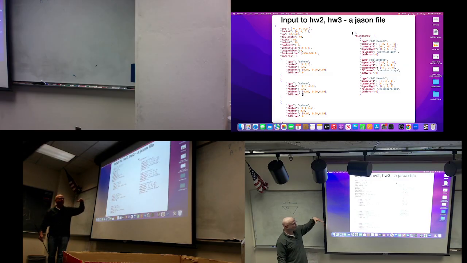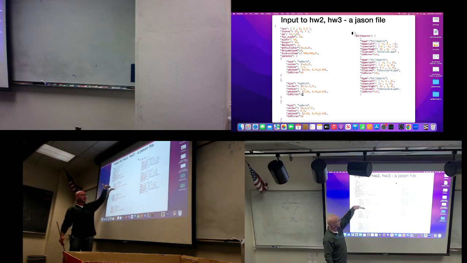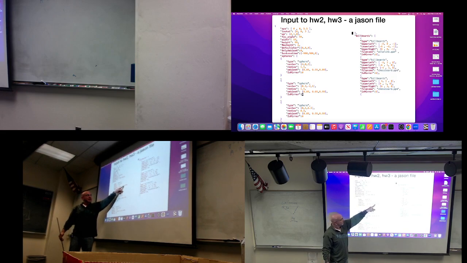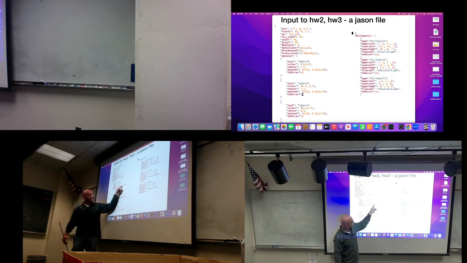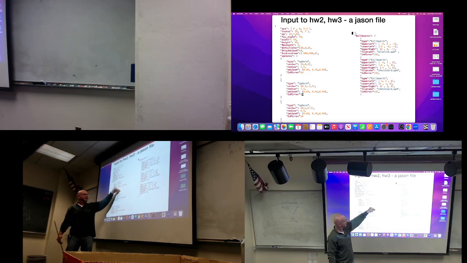We'll talk about it more when we discuss shading. In homework 2, you're using the ambient just to say what color this is. In this case, it is mostly green with a very tiny bit of blue.